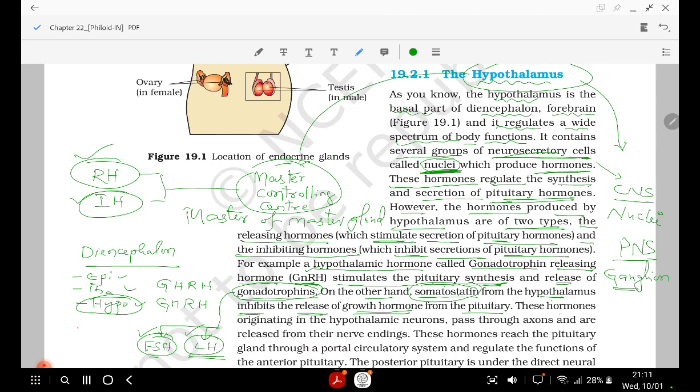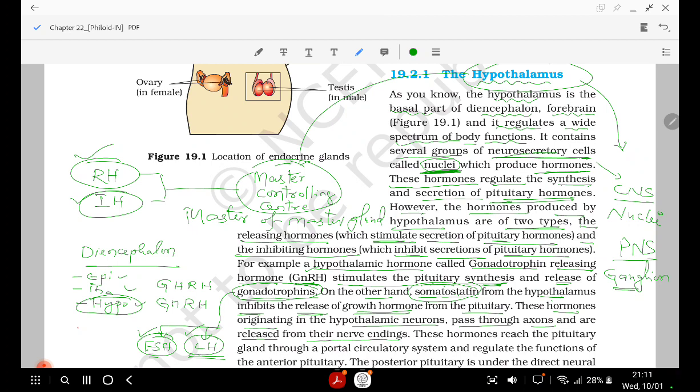Okay, so these hormones originating in the hypothalamic neurons pass through the axons and are released from their nerve endings.